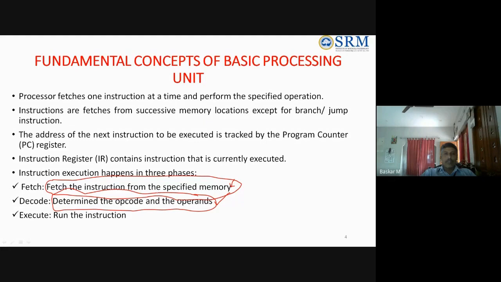After that, where the result is going to be stored, all these activities take place under execution. Understood? So normally instruction execution happens in three phases: one is fetch, another is decode, and the third is execute. I think you now know the task of each phase.